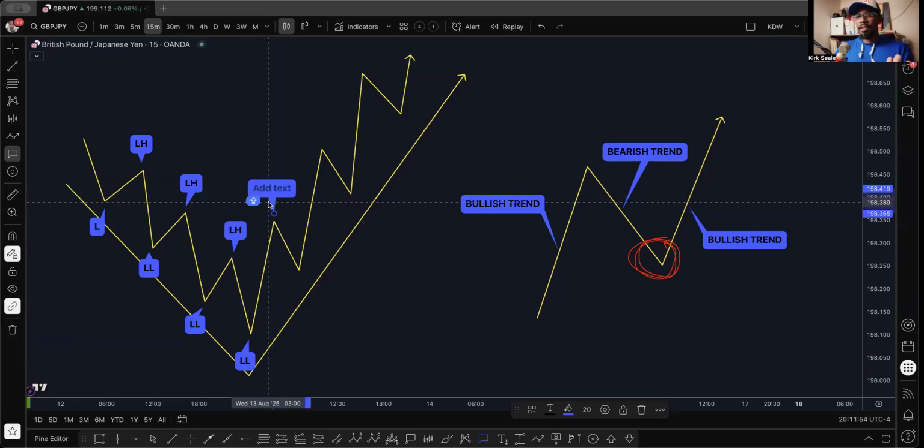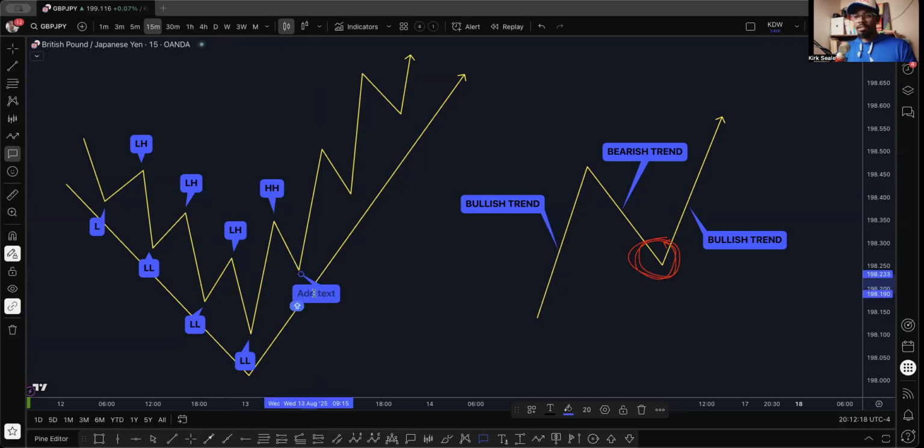Like, don't overcomplicate it. Is this high lower than the previous high? Or is it higher than the previous high? Higher. So if the high is higher than the previous high, it is a higher high.